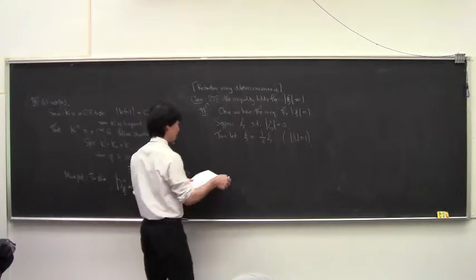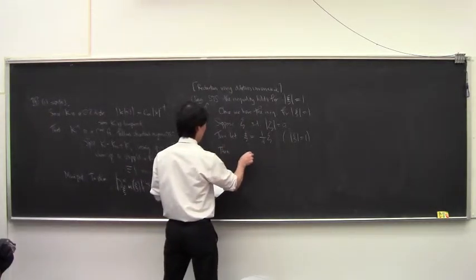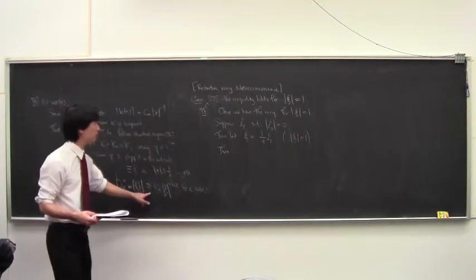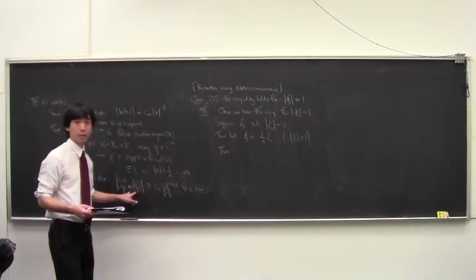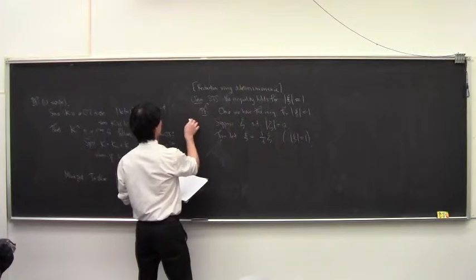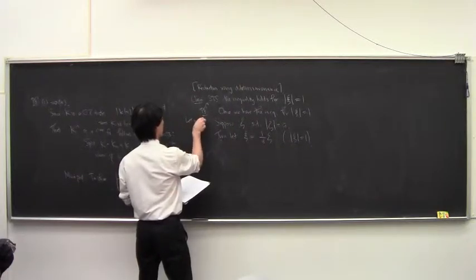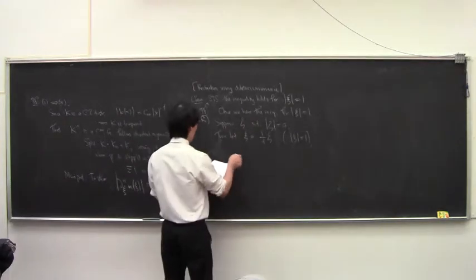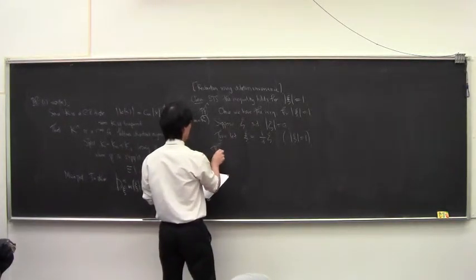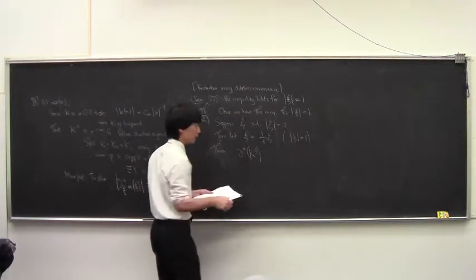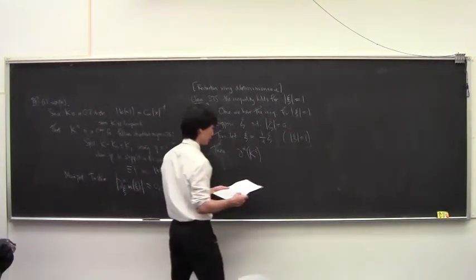We want to show this thing for K. So let M be K hat, and we want to show the inequalities for M. Now we use the dilation invariance, and we look at the dilated distribution.